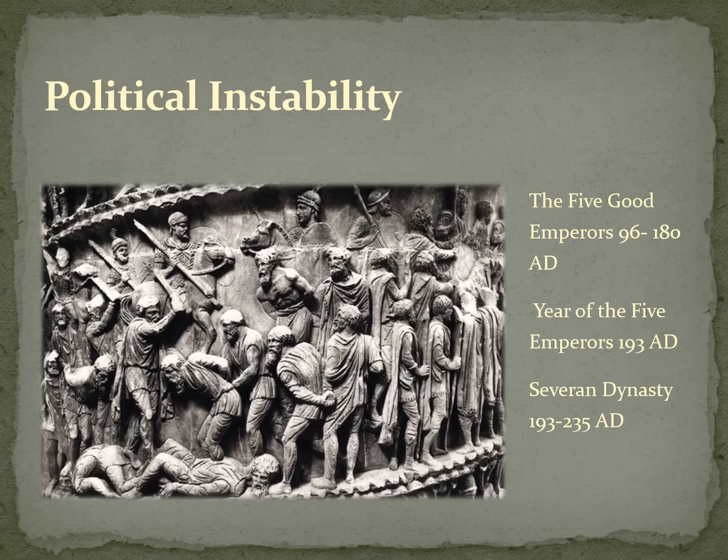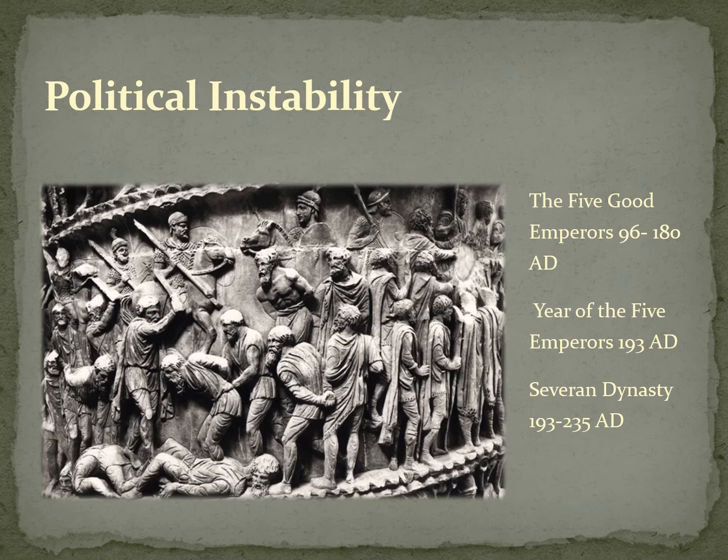And in many ways, Severus's philosophy can be summed up with what he told his two sons on his deathbed. He said, quote, "Be good to one another, enrich the soldiers, and damn the rest." End quote. So that was his philosophy on things, and his sons definitely took that to heart.